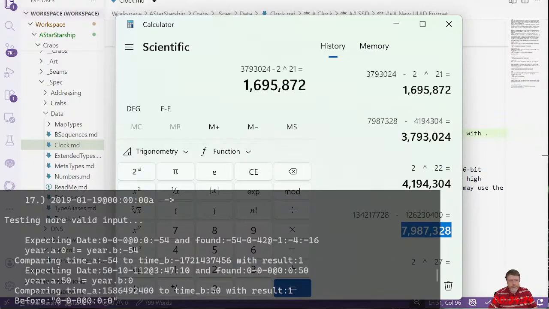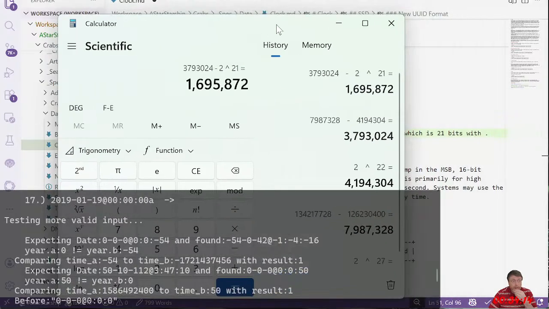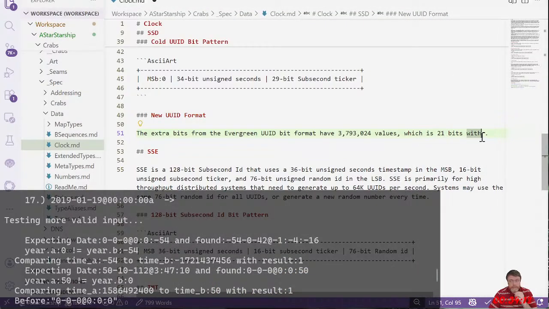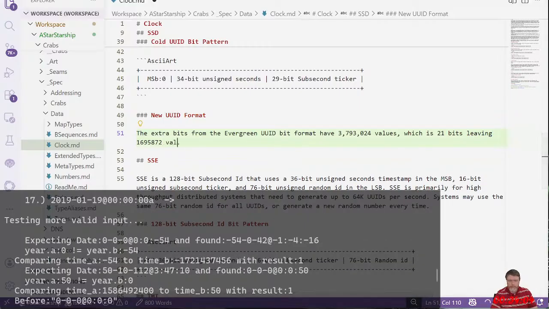And then that's going to leave, which is now 20 bits.